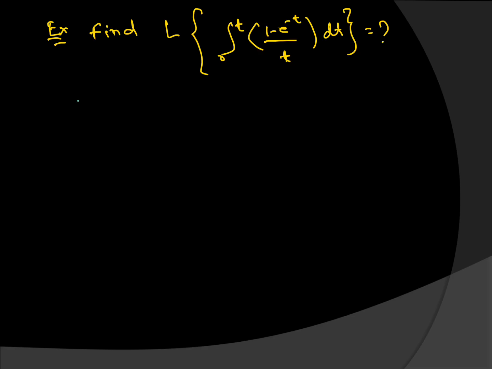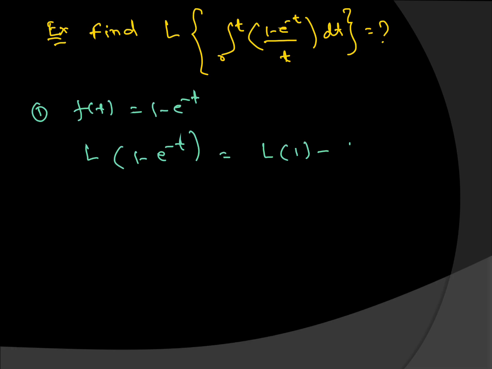Our f of t is 1 minus e to the power minus t. Step 1. First we will do Laplace of 1 minus e to the power minus t. This is Laplace of 1 minus Laplace of e to the power minus t. First shifting theorem we have to apply for e to the power minus t.